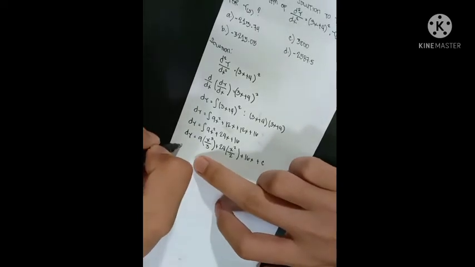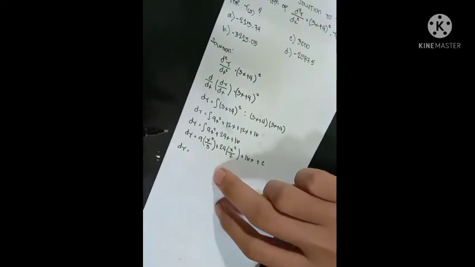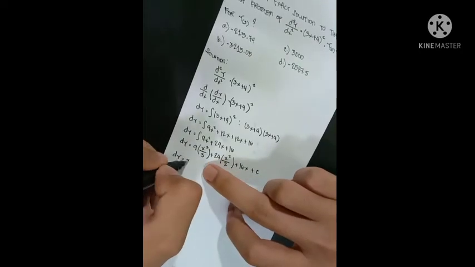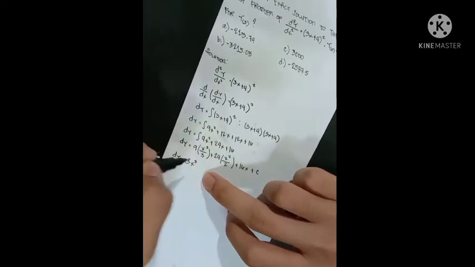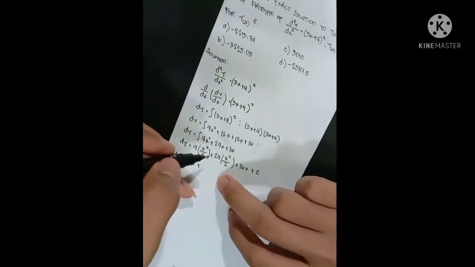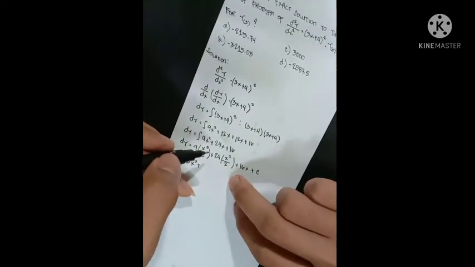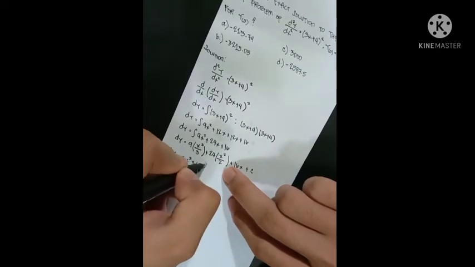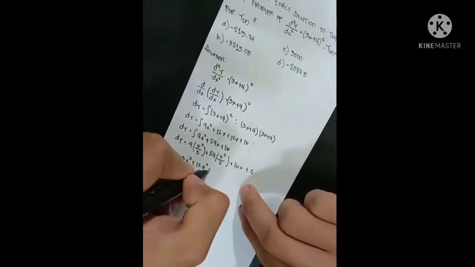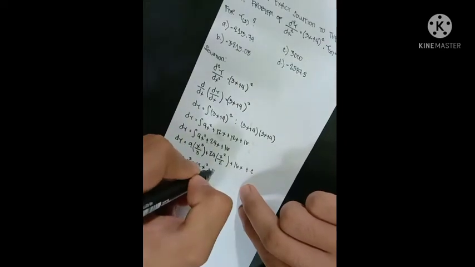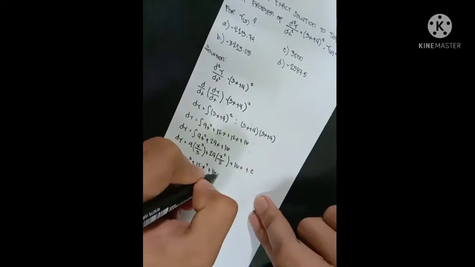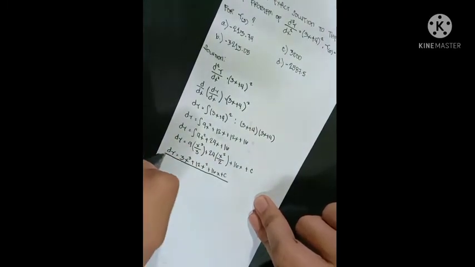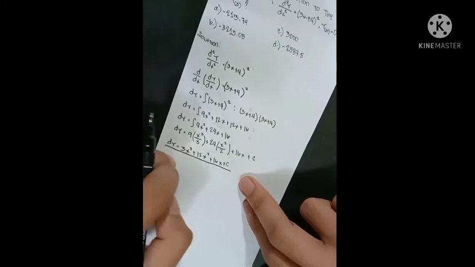So for our dy, 9 divided by 3 is 3x cubed, plus 24 divided by 2 is 12x squared, plus 16x plus c. So here's our first derivation.